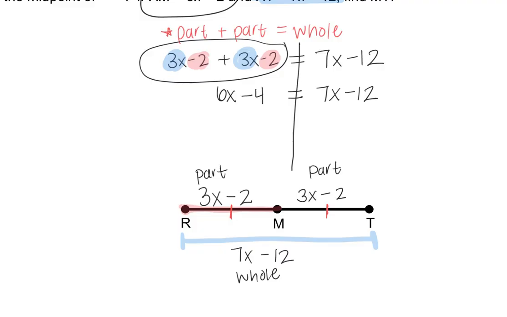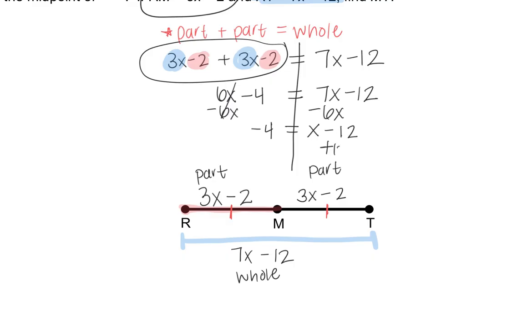Now I can solve for x. I'll move the smallest amount of x's to the right side. So I'll subtract 6x first. I'll bring down that negative 4. 7 minus 6 is 1. It's 1x or just x. I'll bring down that negative 12. All right, I want x by itself. I'm almost done, but not yet.